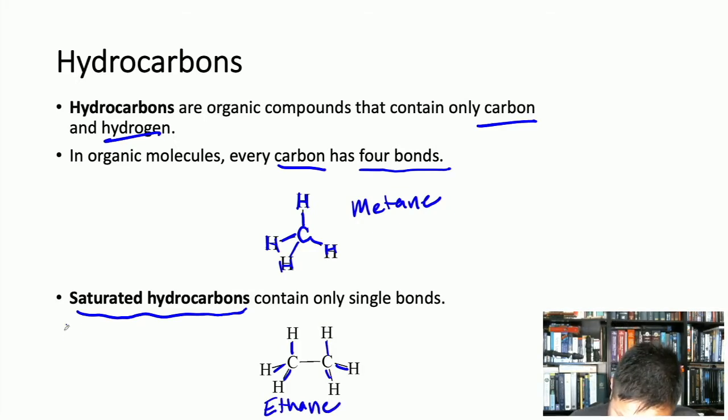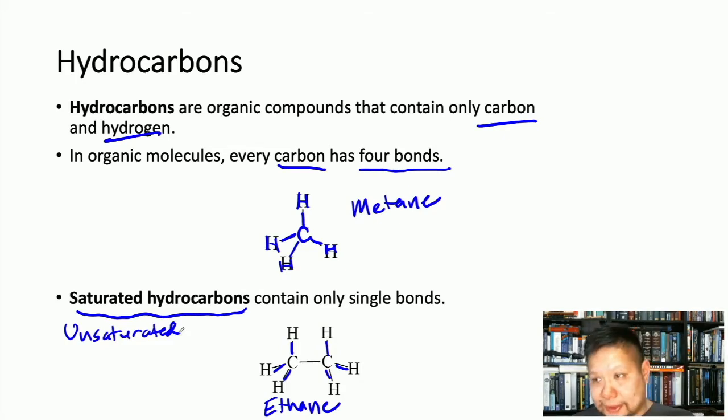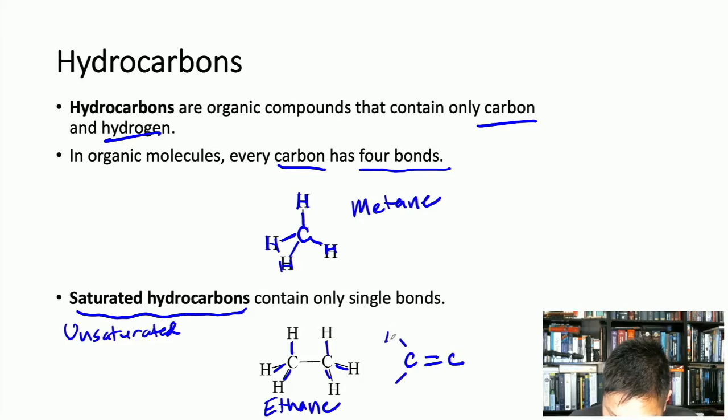Well, what is an unsaturated hydrocarbon then? Well, an unsaturated hydrocarbon is very much like a saturated hydrocarbon, except now there is a double bond between the 2 carbons, and so the only available spaces are 2 bonds each for each carbon, right?